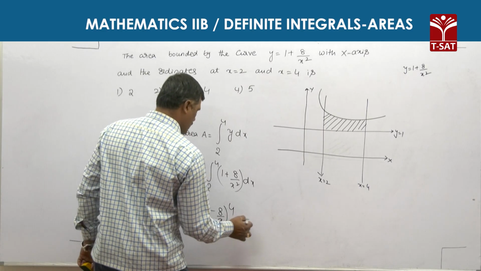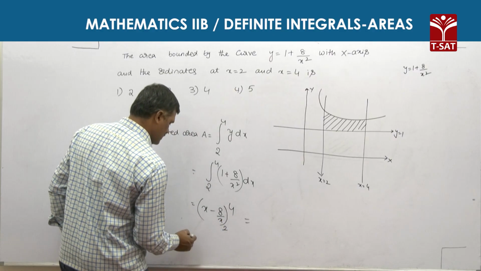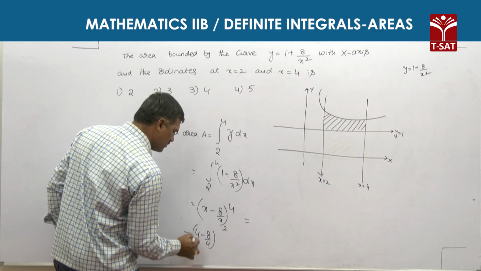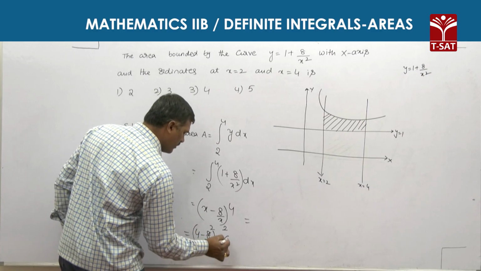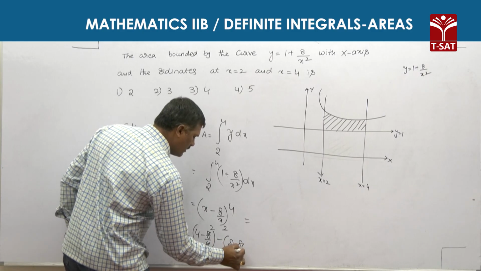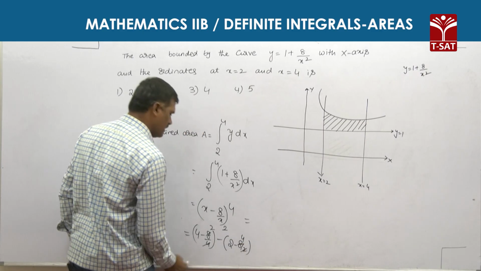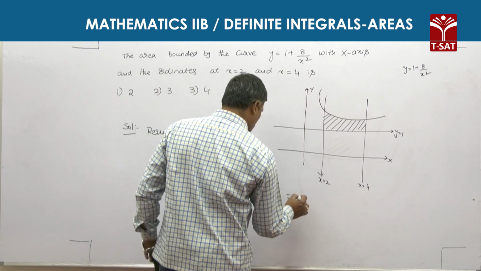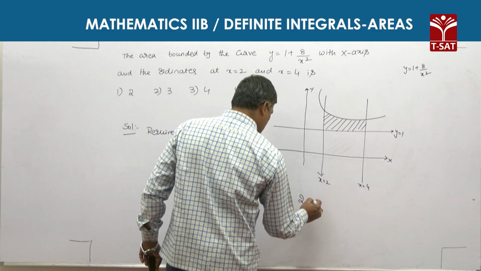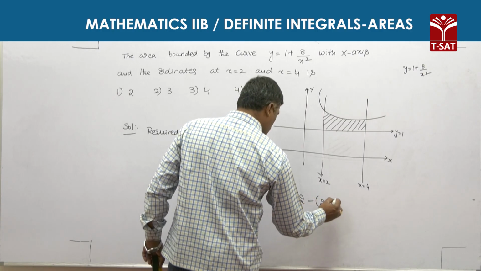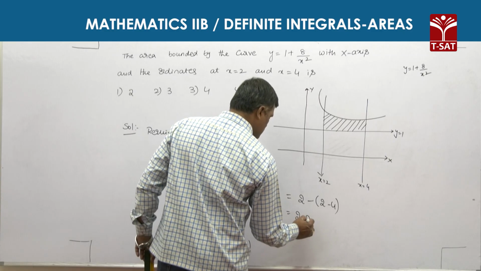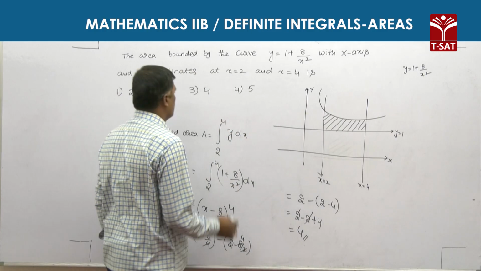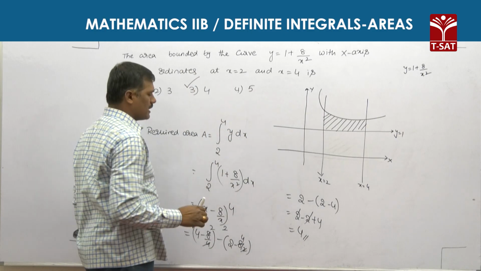That is equal to upper limit 4 minus 8 by 4, minus lower limit 2 minus 8 by 2. That is 4 minus 2, minus 2 minus 4, which is 2 minus 2 plus 4, equal to 4. The third option is the correct option.